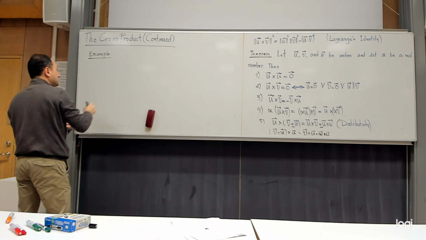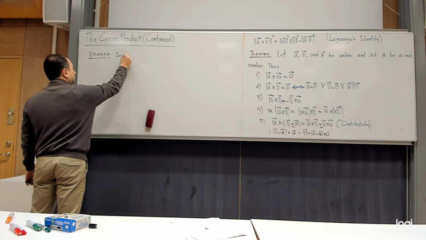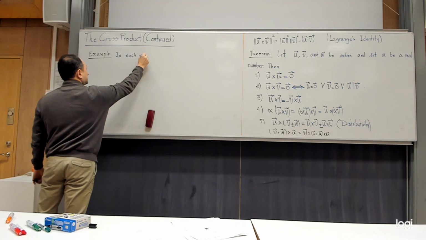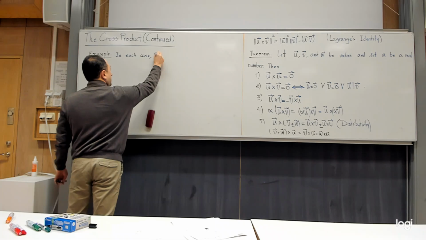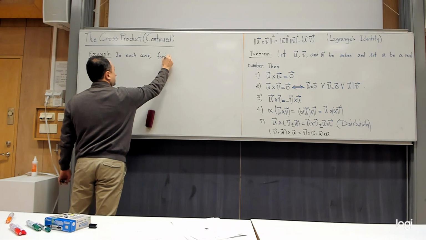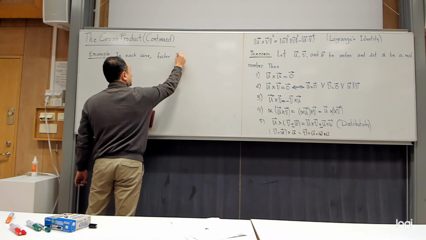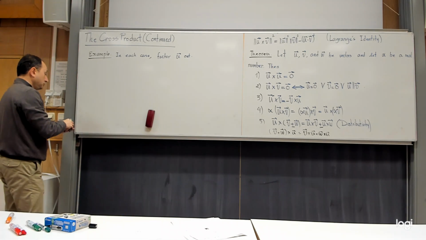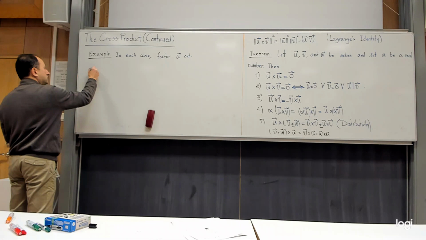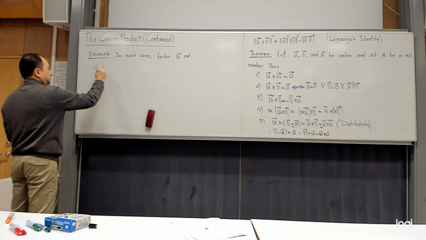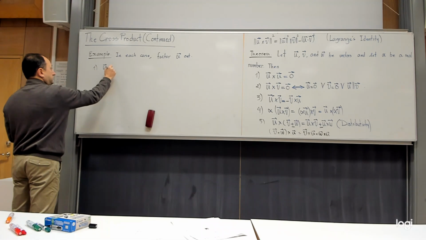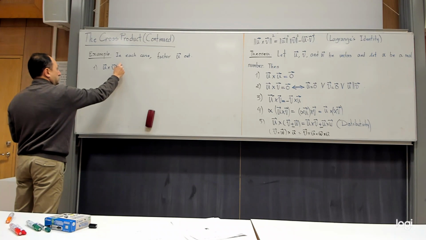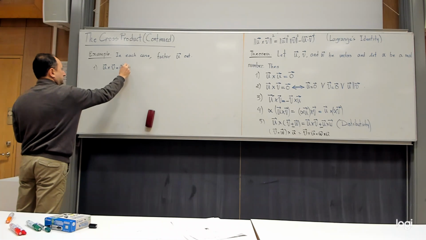In each case, factor u out. So for example, if I give you this: number 1, u cross v plus u cross w.